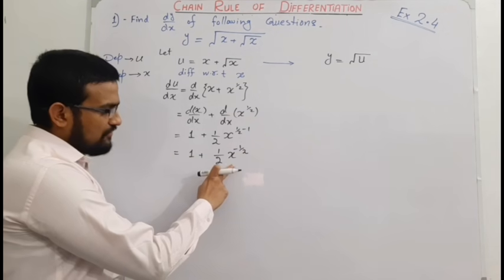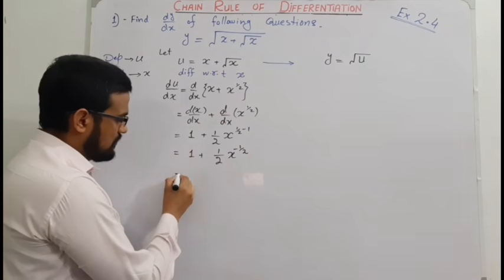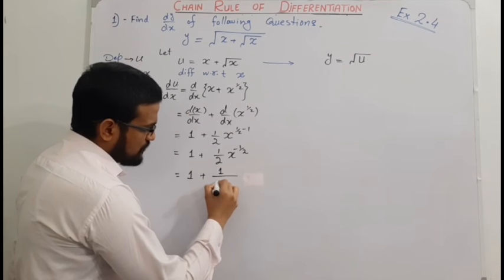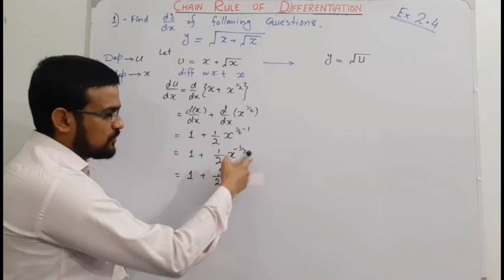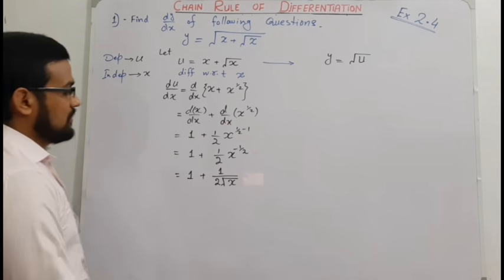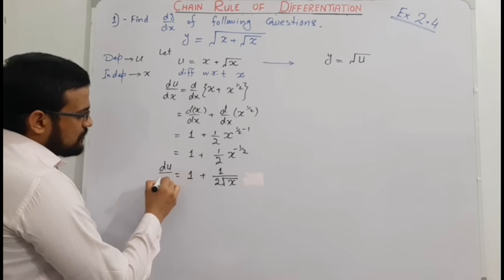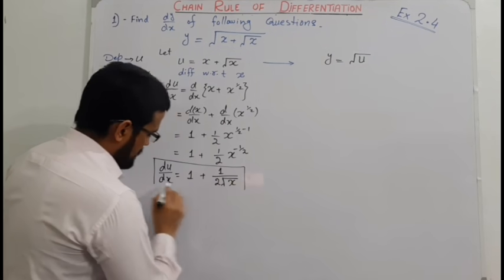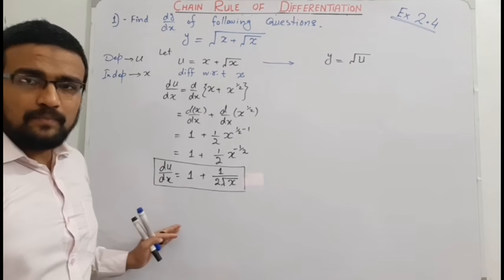If the power of a variable is negative, it becomes a reciprocal. So 1 plus 1 over 2 x raised to power 1 by 2. 1 over 2 means square root. Here students, this is the result of du over dx. Yes.